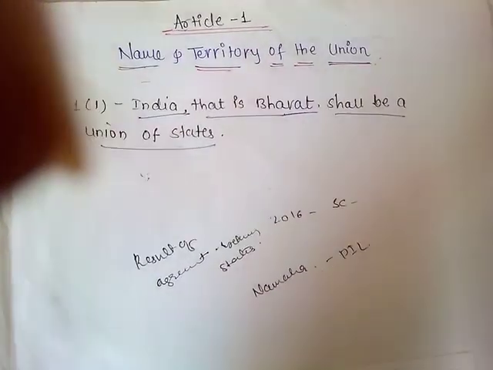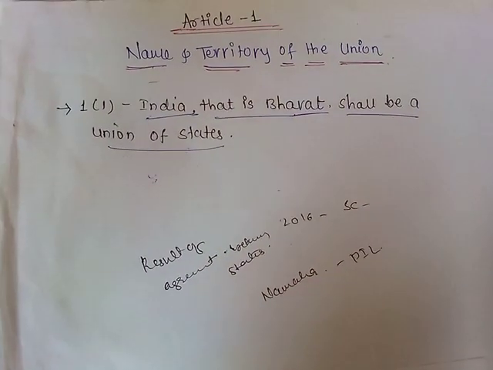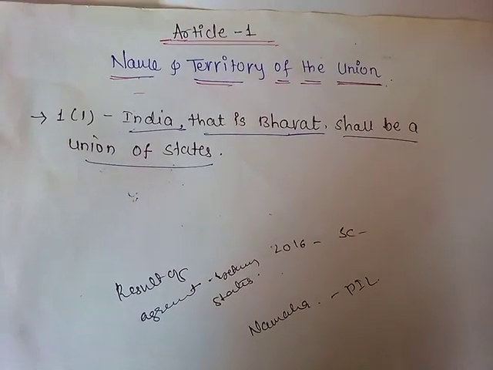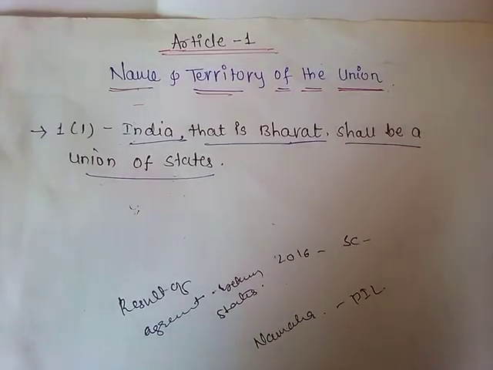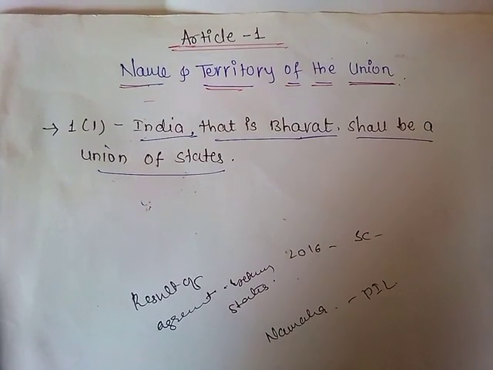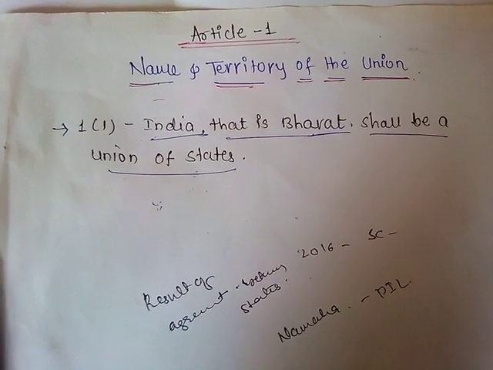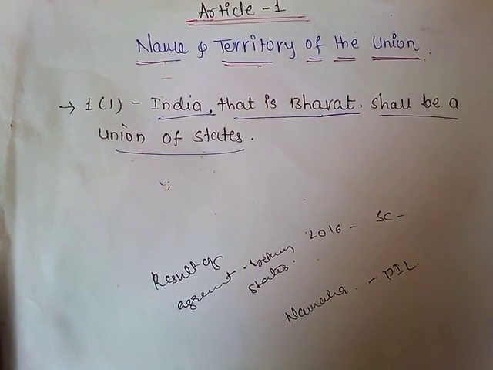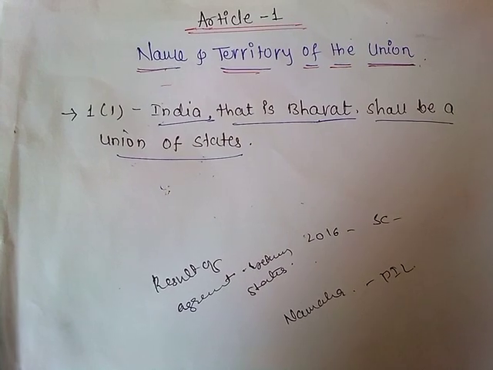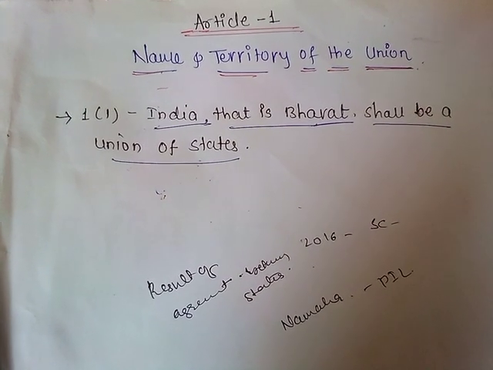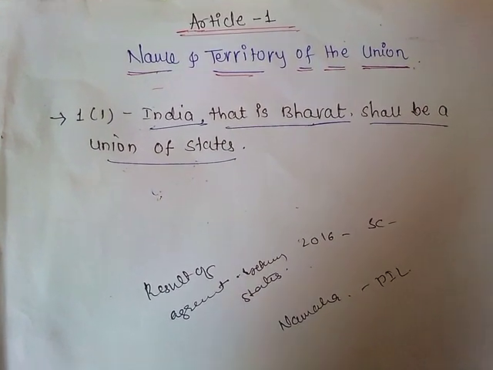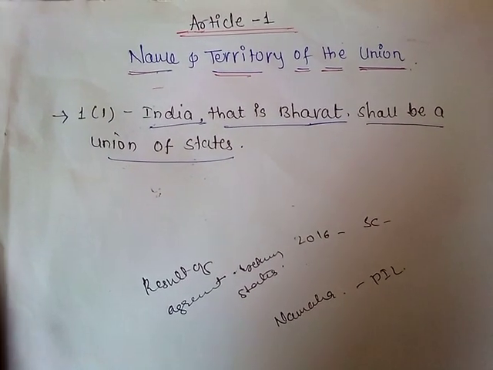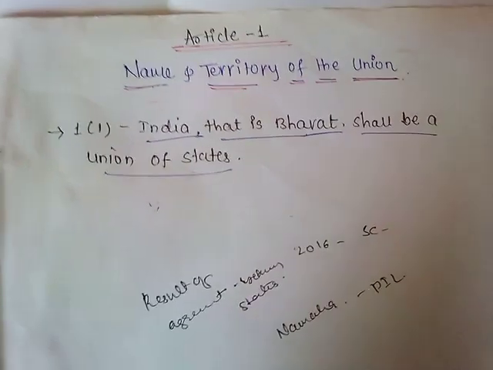Then they decided to give up their sovereignty and merged with, acceded to the Union of India. That is why India as a political entity was already there. So we did not say India is the result of an agreement between states, and this agreement created India. India was already there. That is why we call it a union of states. We don't call it a federation of states.